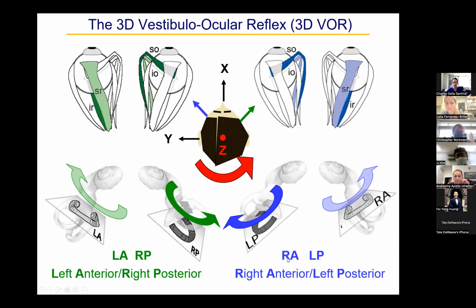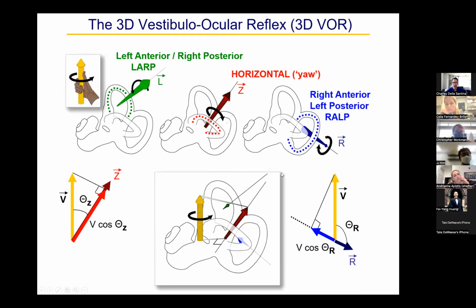You live in a three-dimensional world, so actually, if you turn your head around what I'll call the left anterior, right posterior, or the right anterior, left posterior plane, you've got pairs of canals that are hooked up to pairs of muscles there too, but we're going to focus just on horizontal. And for those of you who are interested, you've got these three semicircular canals in each ear.